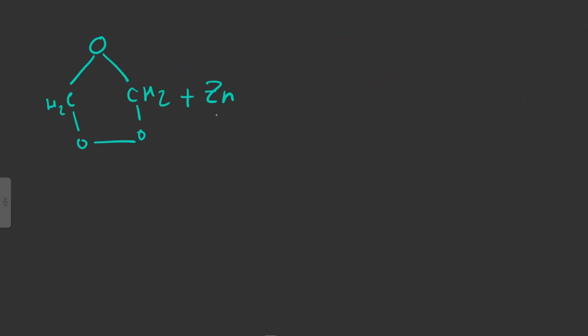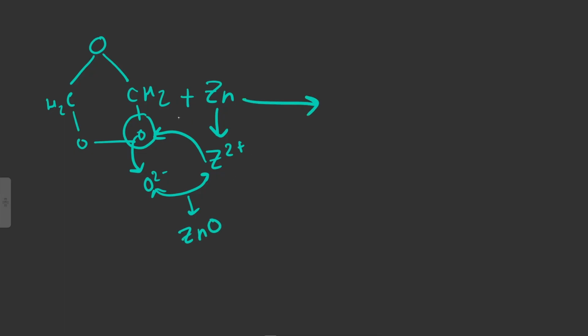Now what this zinc does is very smart, but it's also very dangerous. It breaks itself down to Zn2+, its ionic form, and it attacks this oxygen and breaks it away. The oxygen that is being broken away is called a nascent oxygen, O2-, and then these two react and form ZnO.